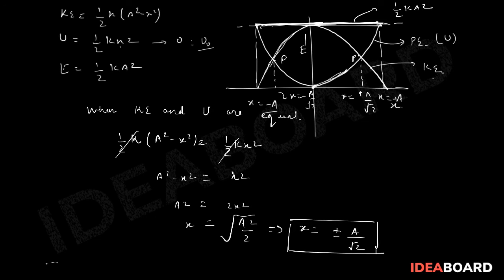So this is the graph for potential energy and kinetic energy, and of course this line represents E, the total energy. Correct? So this is about energies in SHM. I believe you understood it. This is really important. Okay.